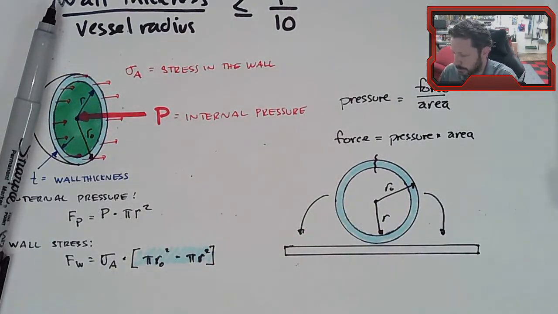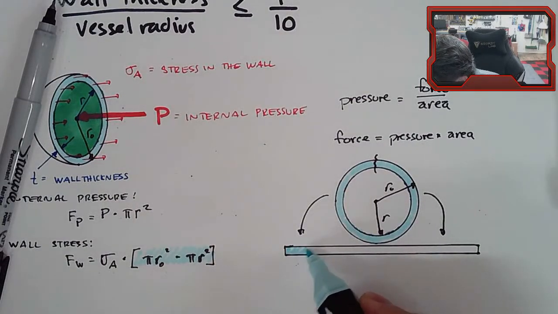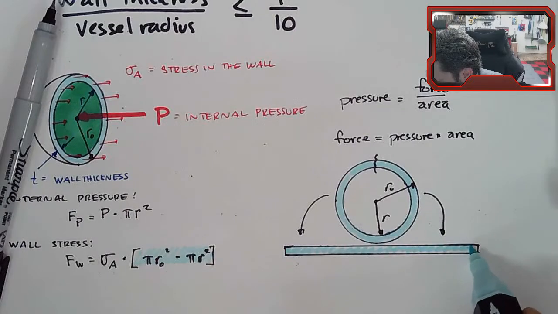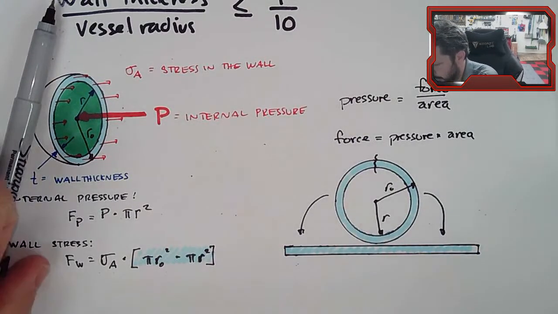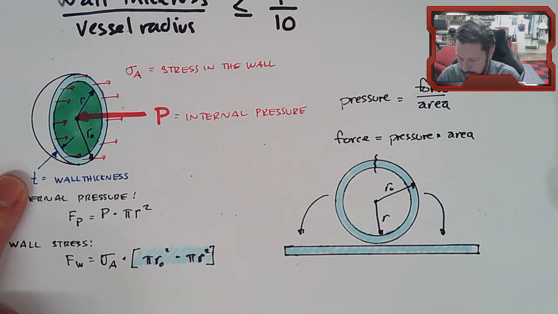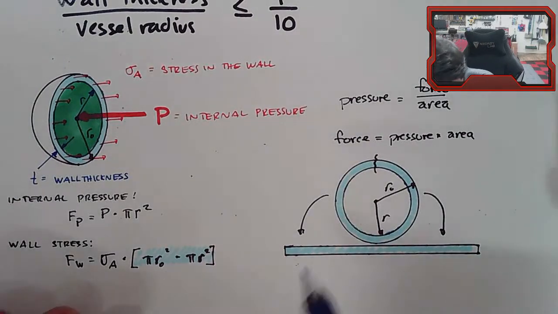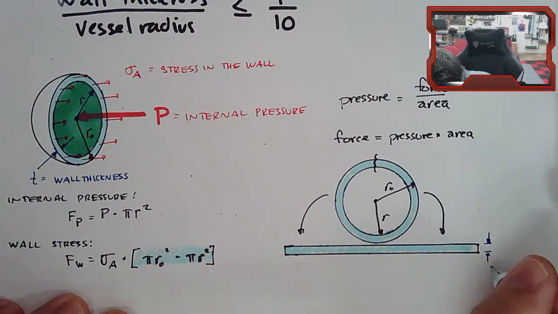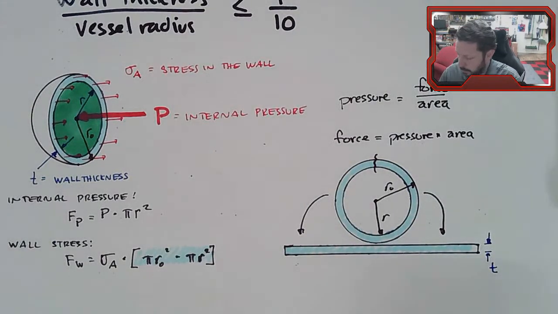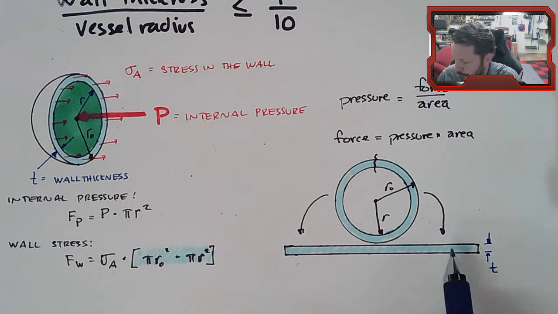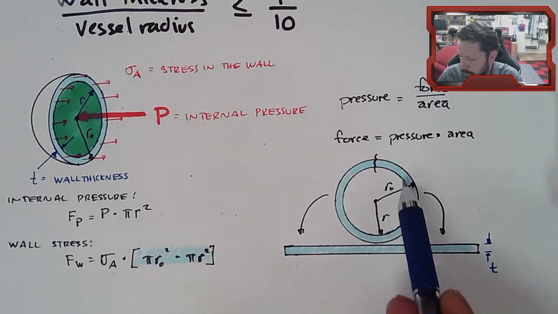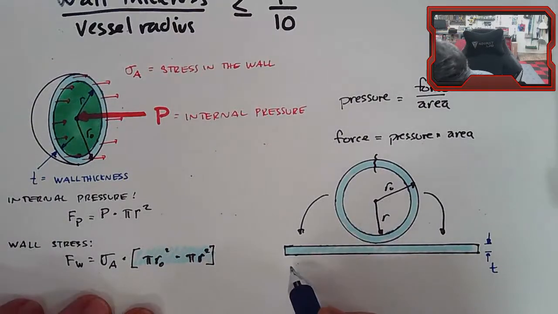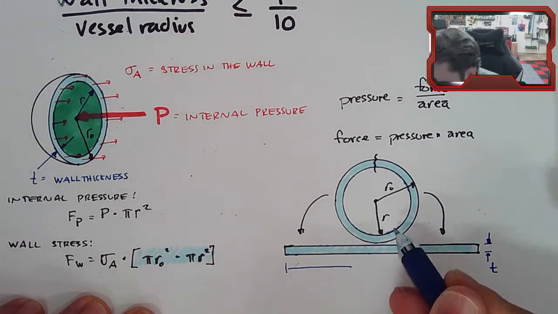And that shape is just going to be a rectangle where the thickness of this rectangle is the wall thickness T. So this dimension is T. And the length of this rectangle is the circumference of the ring here. And we're going to use the inner radius.